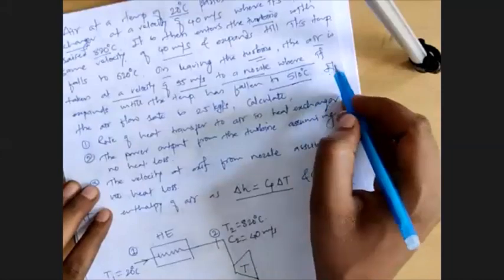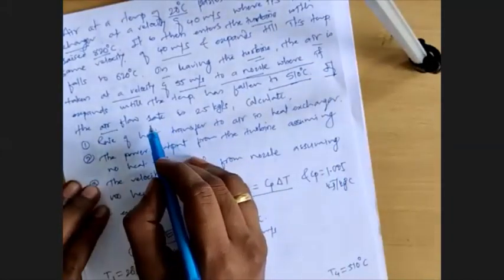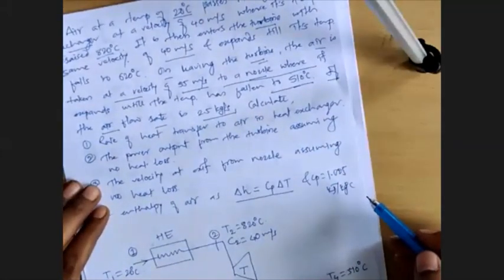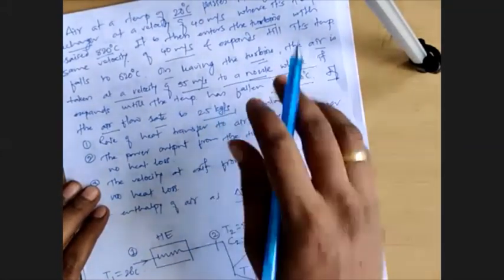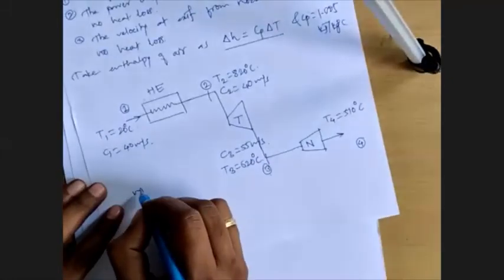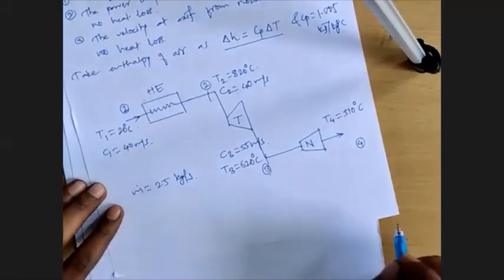Additionally, if the airflow rate is 2.5 kg per second, so they have given the mass flow rate as 2.5 kg per second. So mass flow rate m dot is equal to 2.5 kg per second.